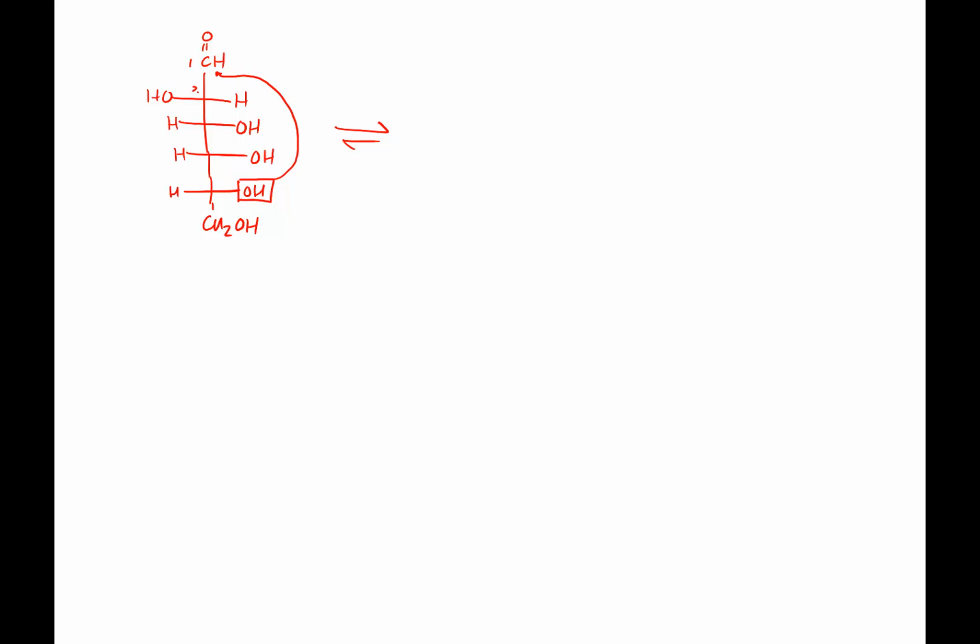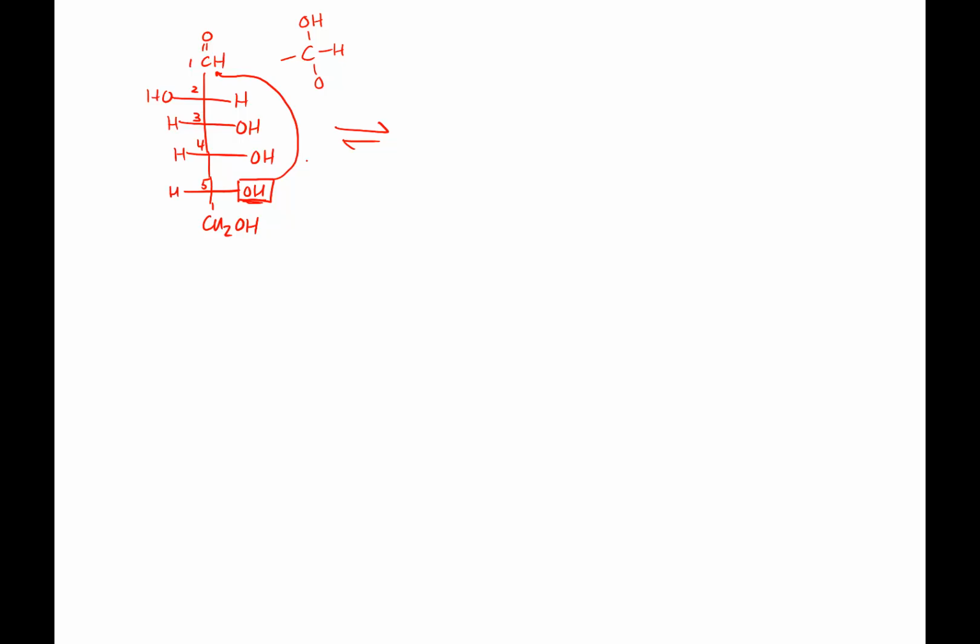Number one, always number your carbons so that you don't get lost. So if the oxygen reacts with this carbon, that carbon is going to have an H attached to it. It's going to have the OH group that the carbonyl oxygen becomes, and then it's going to have another oxygen attached to it from this OH group.